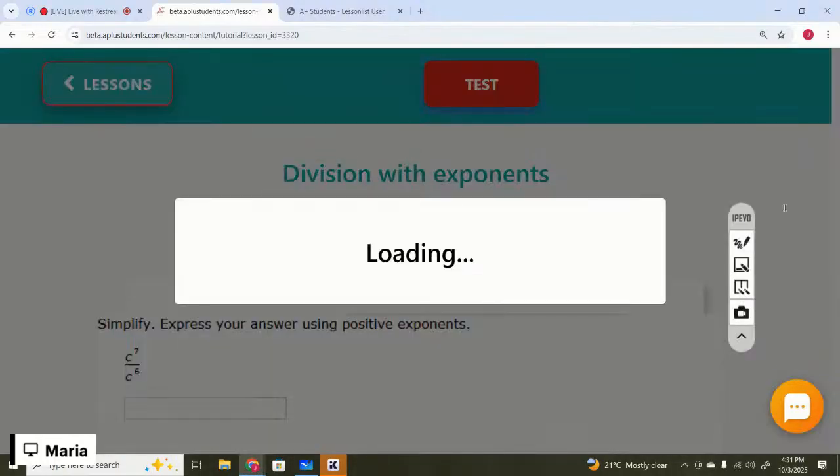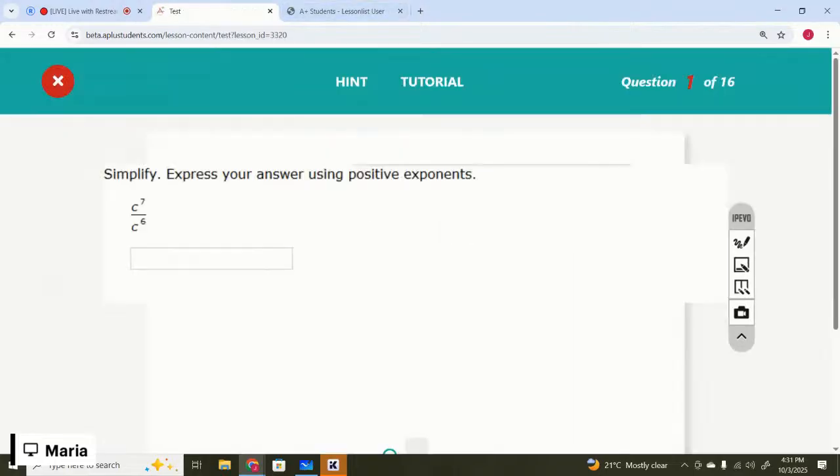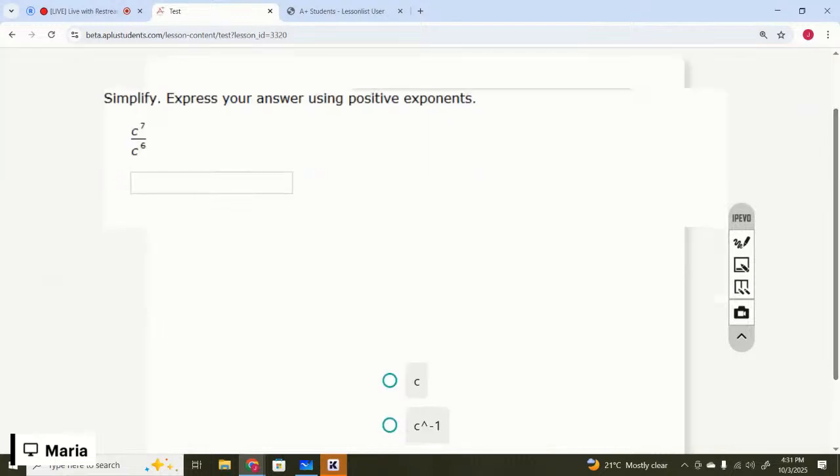Let's just start with the test questions. C7 divided by C6, so which is the correct option? That is C. Option number 1 is the correct option.